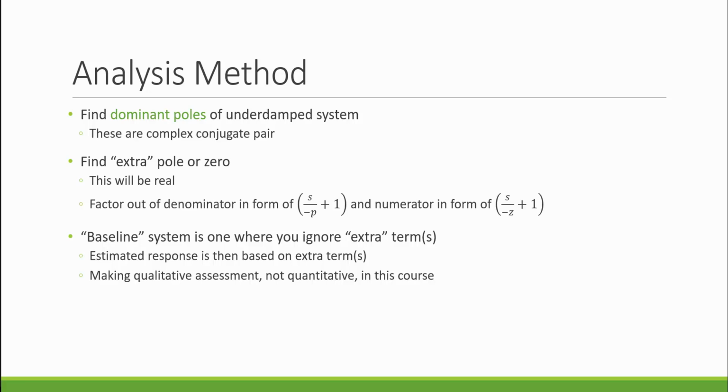All we can say is, in general, it's going to be less than 60% overshoot, because that extra pole, assuming it's a left half plane pole, is going to decrease our overshoot and increase our peak time. And then further we can say, again qualitatively, is that extra pole close to the real part of the dominant poles? If so, it's going to significantly decrease the overshoot and significantly increase the rise time.